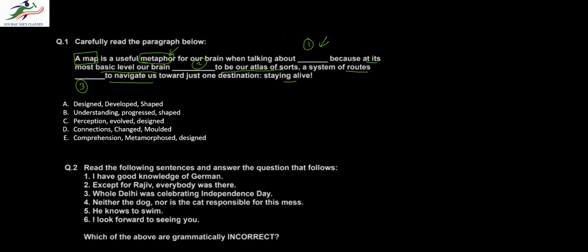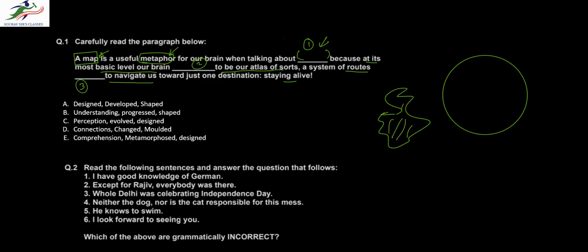Now what is the metaphor here? A map is a useful metaphor. So a map is the metaphor for our brain. Now our brain and a map have one thing in common, that both of them give us some kind of a perception, right?